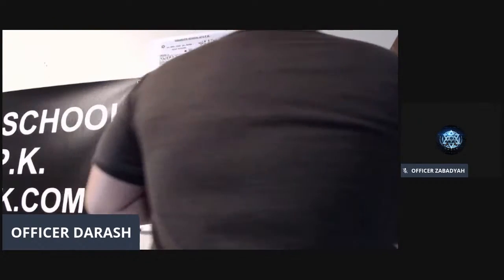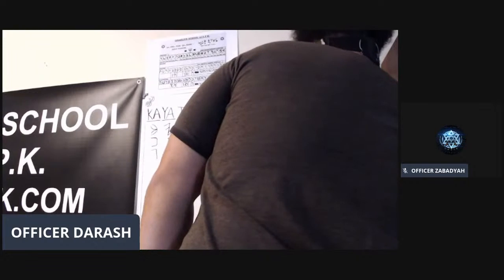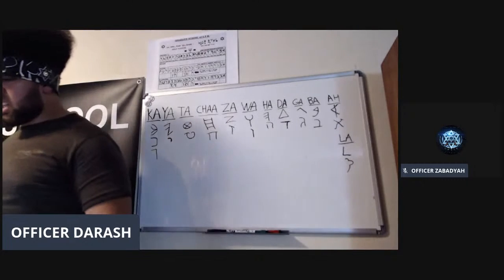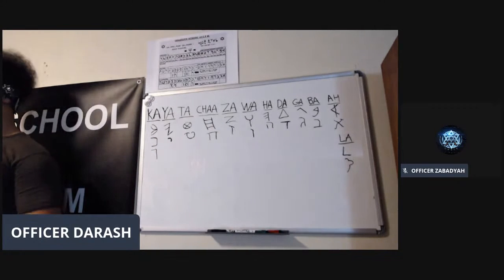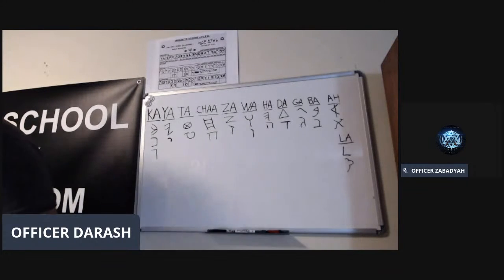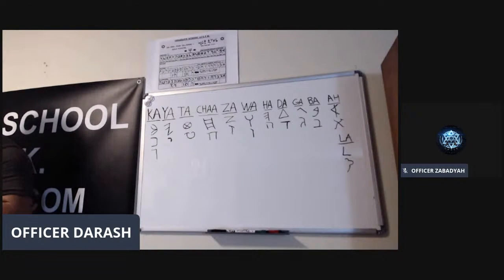In the Assyrian, it looks like this. It's a bit tricky. That's a bit weird, I know. That's what it looks like in the Assyrian. I'll give you guys a minute to copy. You guys got it?